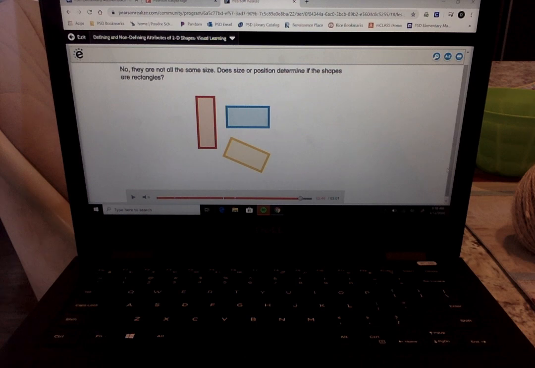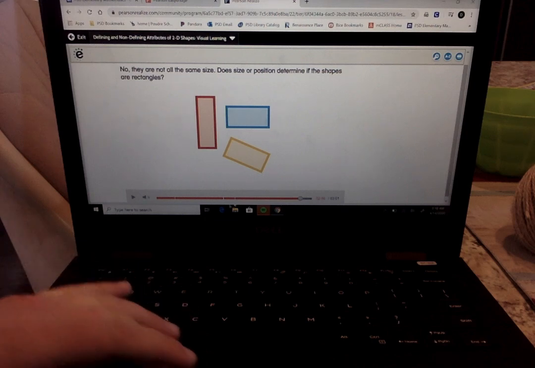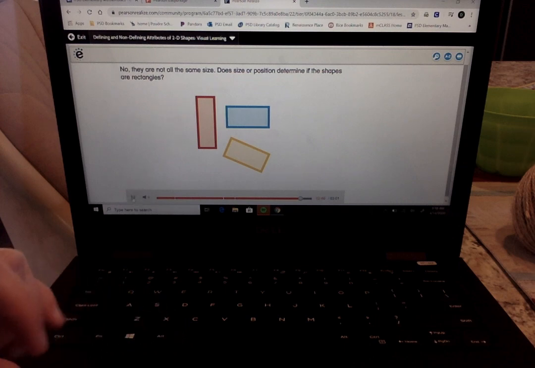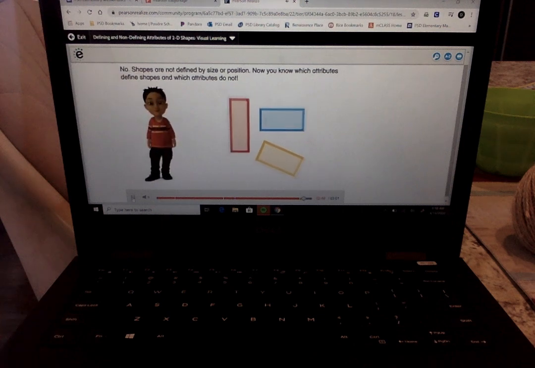As long as they have 4 vertices and 4 straight sides, that is the defining factor of a rectangle. No, shapes are not defined by size or position. Now you know which attributes define shapes and which attributes do not.